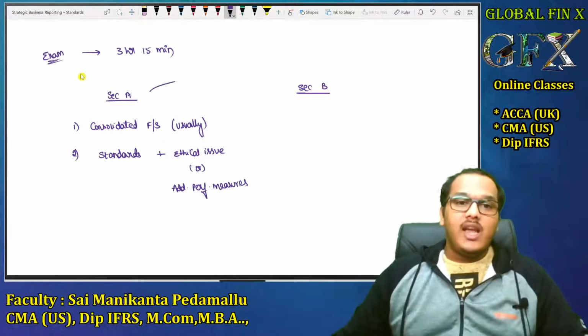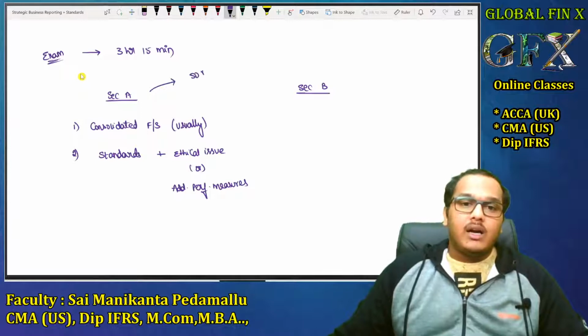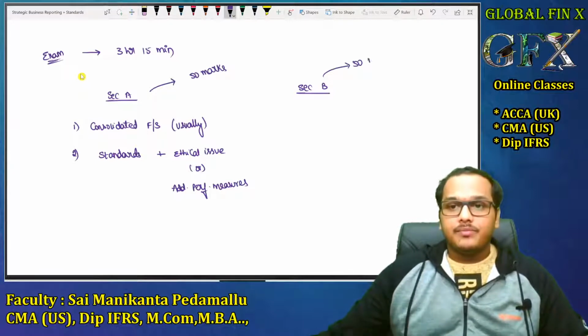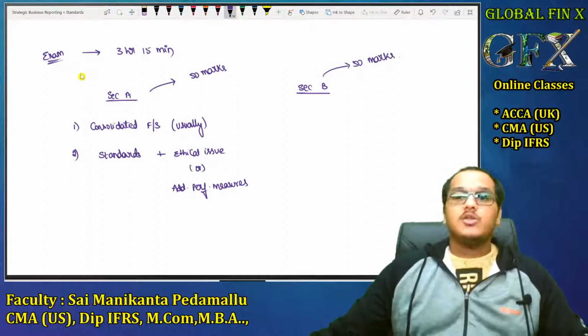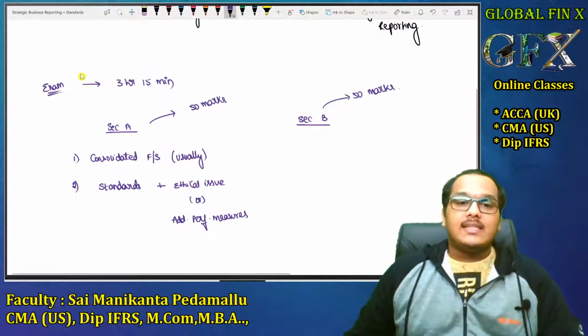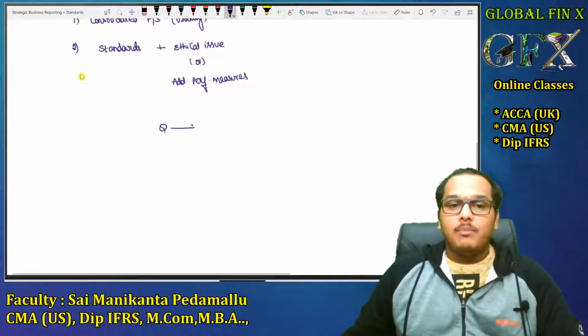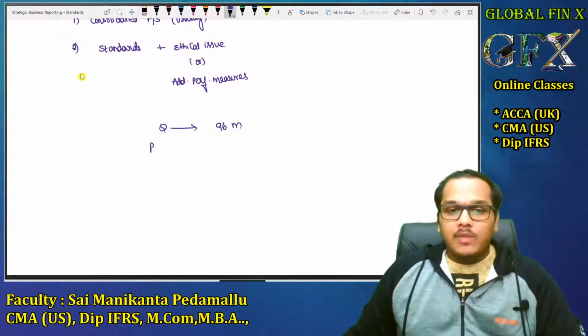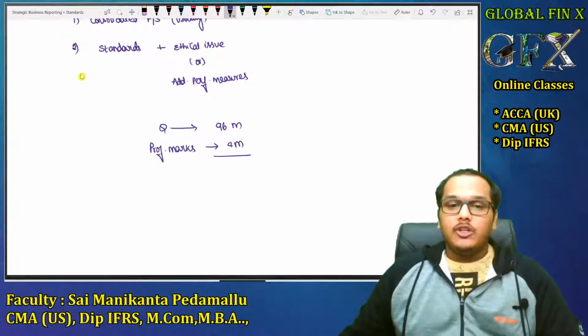So section A is for 50 marks and section B is for 50 marks. Although your examination is only for 96 marks, yes, you have heard me right, your examination questions will be 96 marks and you will be awarded something called professional marks for 4 marks, getting your total to 100 marks.